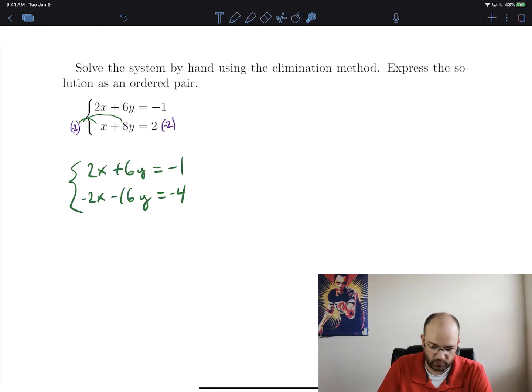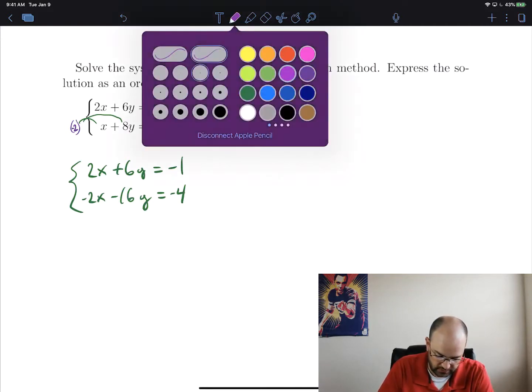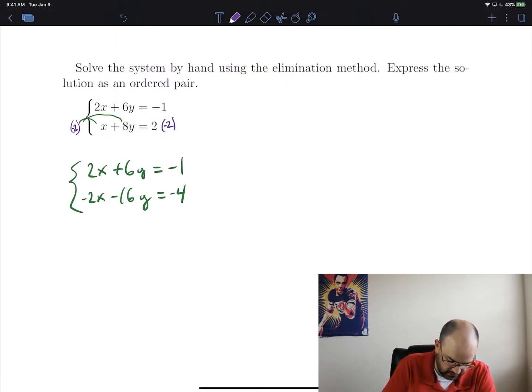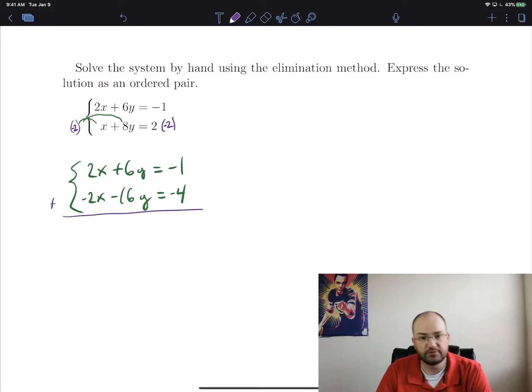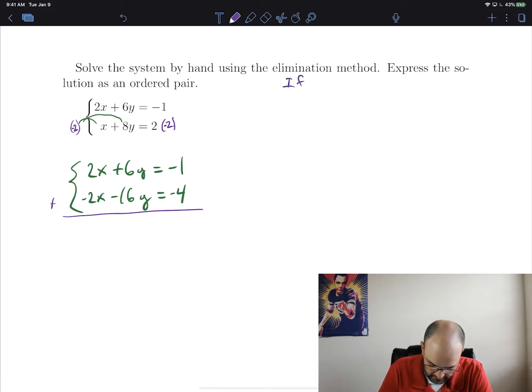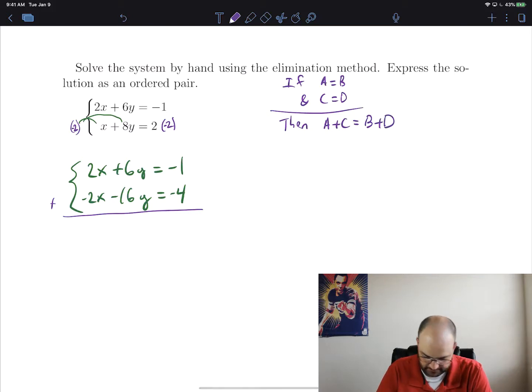And that's exactly what we want, because now what we're going to do is add these two equations together. Because here's the idea behind this. If A equals B and C equals D, then A plus C equals B plus D. That's pretty much what we're saying here.